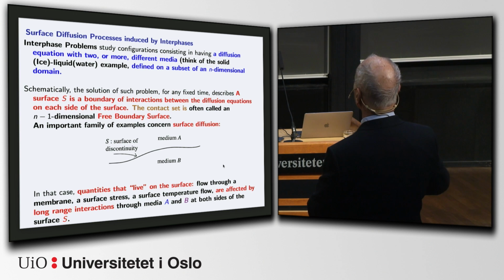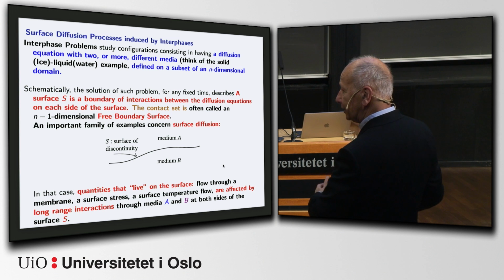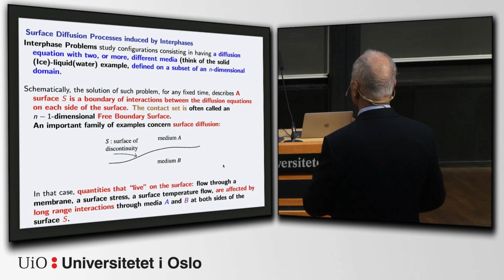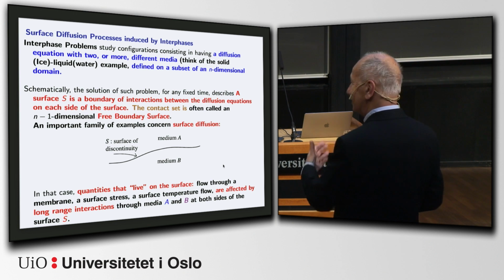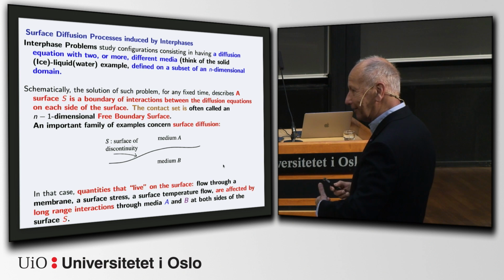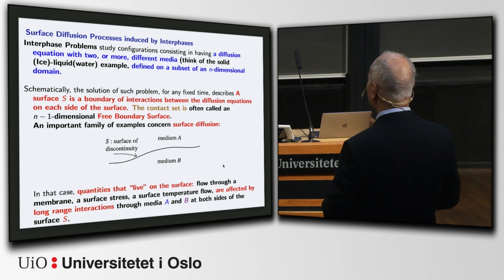So you have this medium A, right? This can be some quantity with some properties of melting or something like that, and this is another property of melting or of heating, and then there is this separation, right? And so here the interesting thing, that is the movement or the evolution, is in this jump place, in this surface of discontinuity from medium A to medium B, okay?